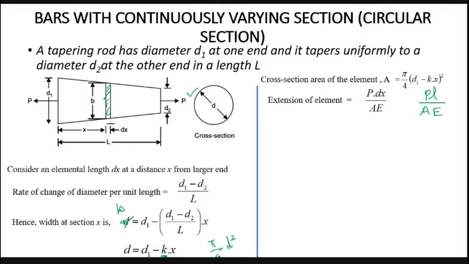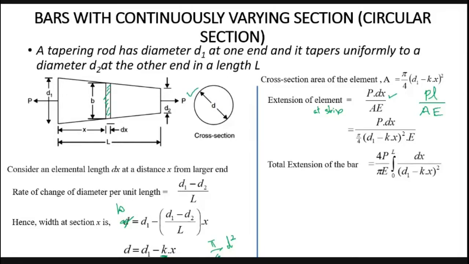So the length is dx, and you have the area and E. This is the extension at that small strip. Now just substitute the values: P into dx divided by pi by 4 into d1 minus kx the whole squared, into E. This is only for the strip.